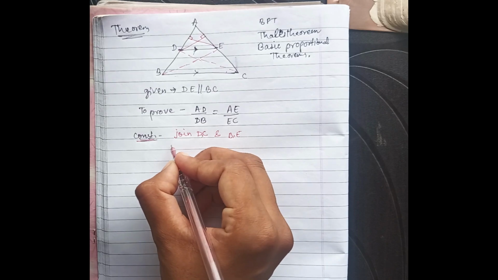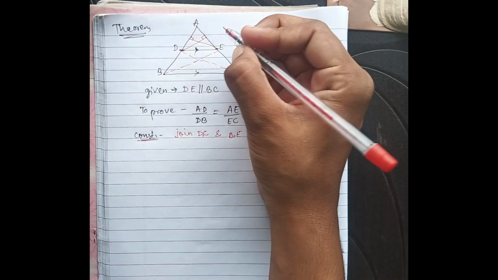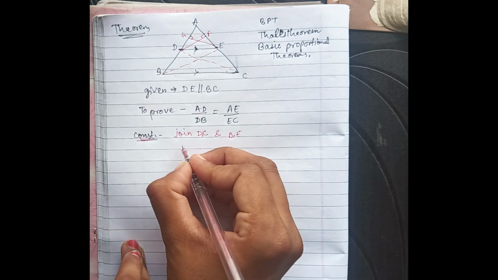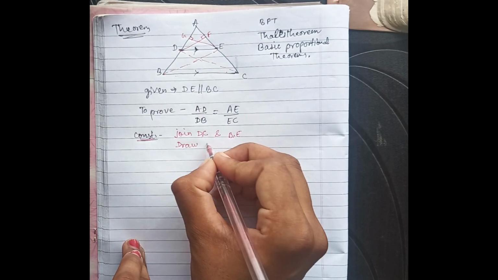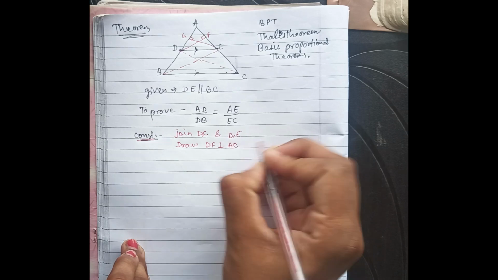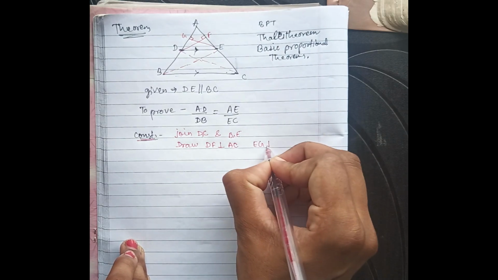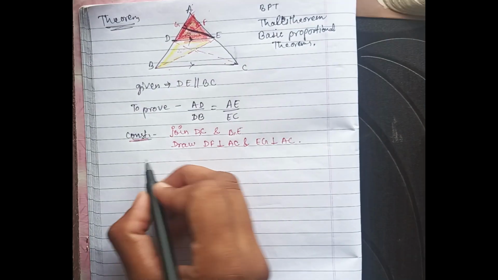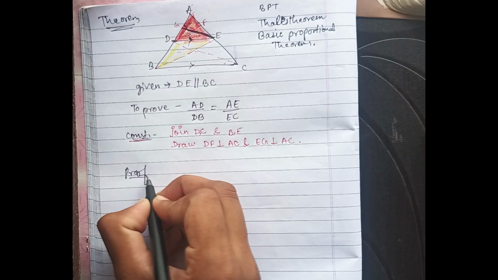The second, draw DF perpendicular to AC and EG perpendicular to AC.